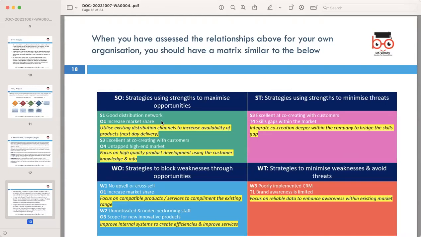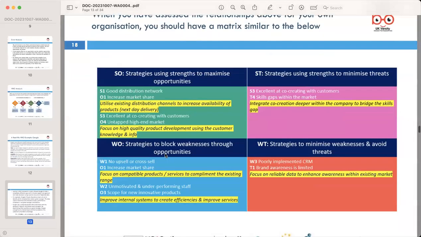Good distribution network, increase market share: utilize existing distribution channels to increase product availability, next day delivery. Then using strengths to minimize threats: excellent at co-creating with customers, skills gaps within the market. Strategy to address weaknesses through opportunities: no upsell or cross-sell, increase market share.